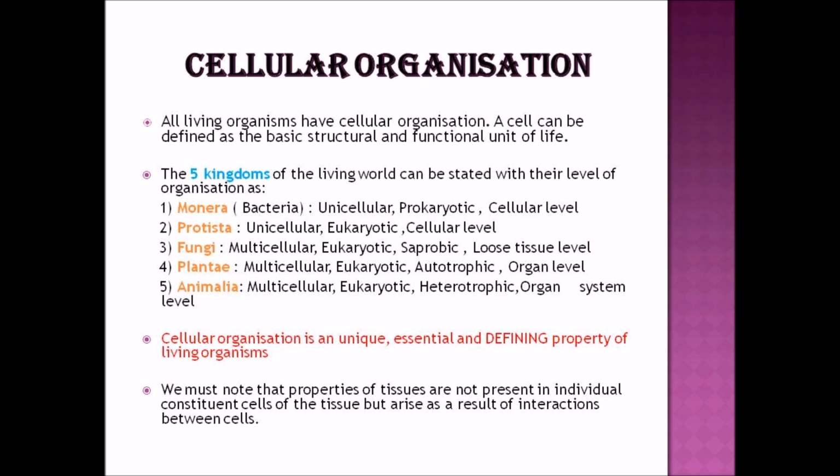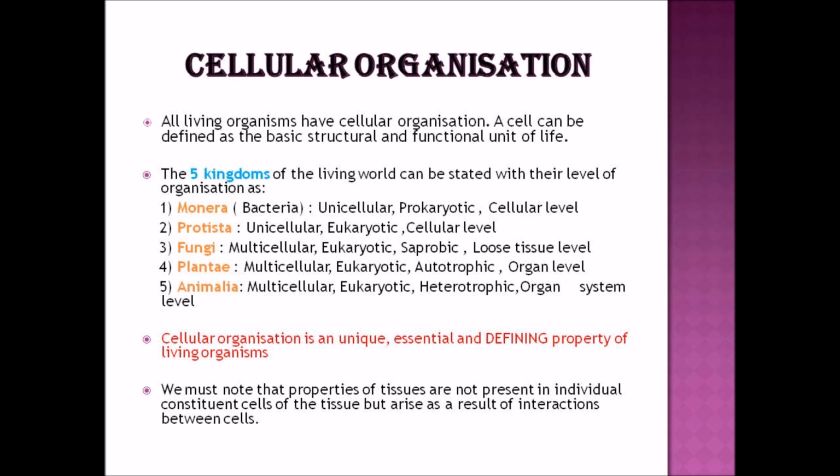The next kingdom is Protista. Protista, like Monera, is unicellular, made of only one cell, and it is eukaryotic, meaning that it possesses a genetic material which is limited by a nuclear envelope.